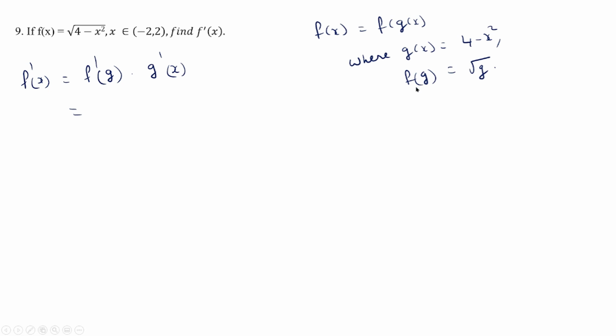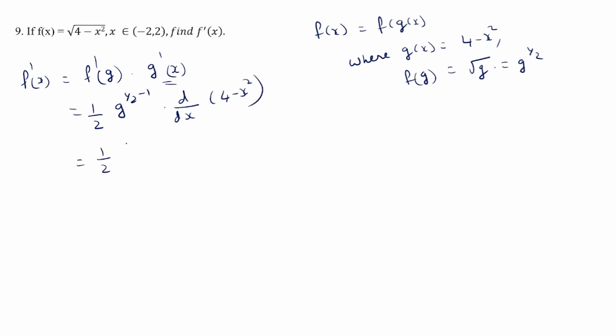Now here f dash of g will be, if we differentiate root g, which is g raised to half, it is half into g raised to half minus 1 into g dash of x. G dash of x is the derivative of 4 minus x square.